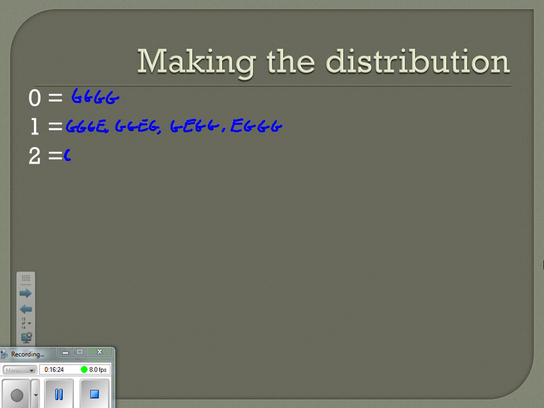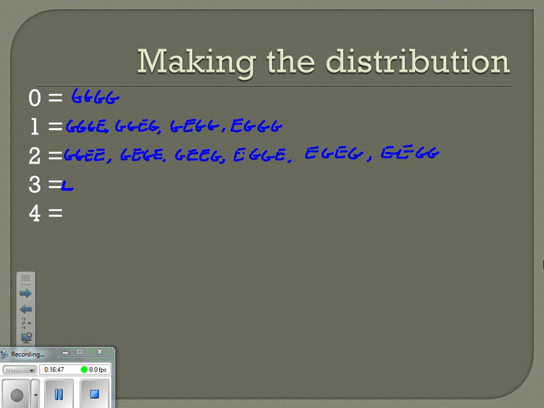For 2: gas, gas, electric, electric; gas, electric, gas, electric; gas, electric, electric, gas; electric, gas, gas, electric; electric, gas, electric, gas; and then finally electric, electric, gas, gas.